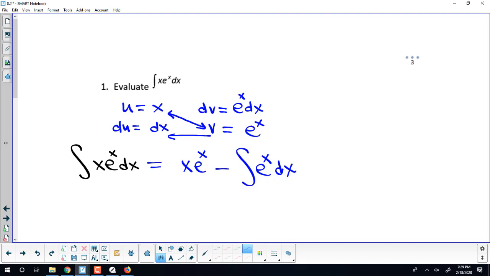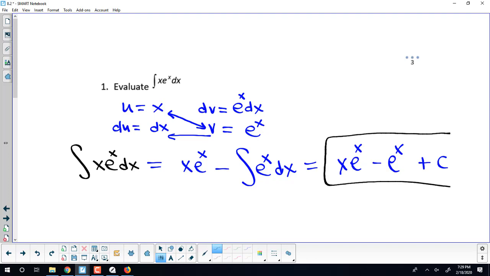We can integrate that. Pretty straightforward now. And we'll have a constant here. Technically, you got a couple of constants, but we'll call it one constant at the end. And there you have it. Any questions?